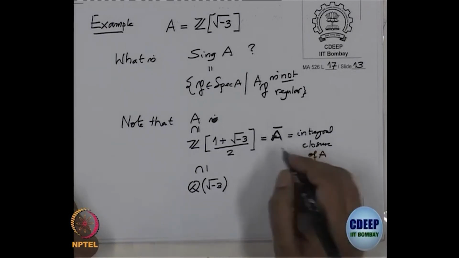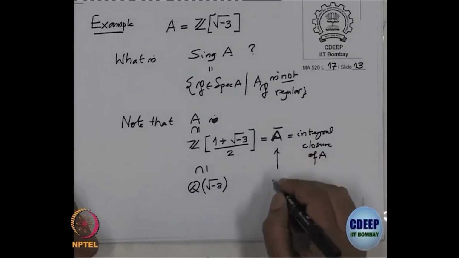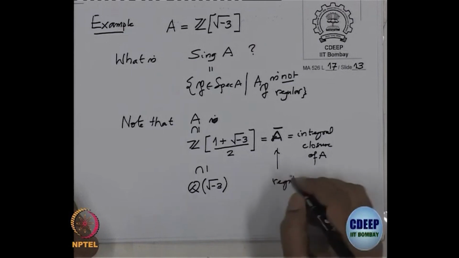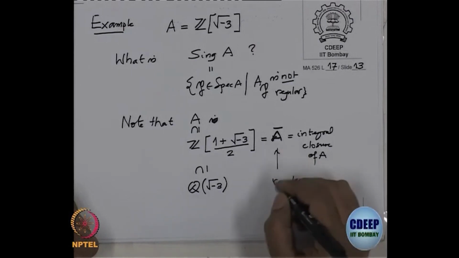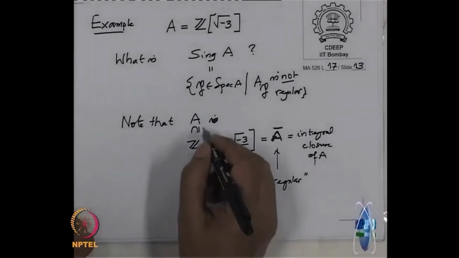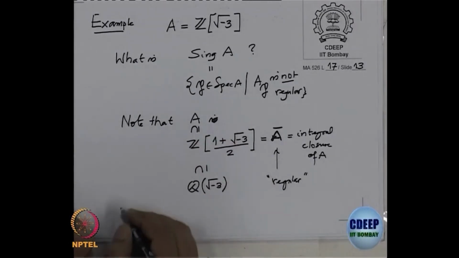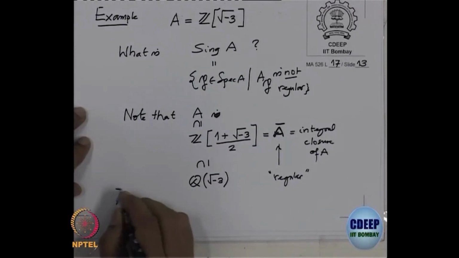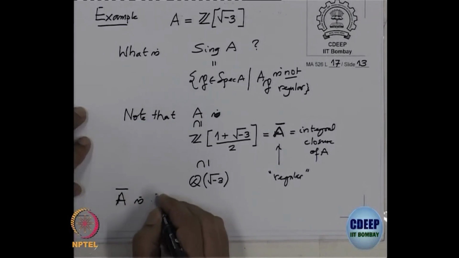So this is regular actually. It is not local, but what might help you now to decide what is the singular locus of A is note that this A bar is a Euclidean domain.